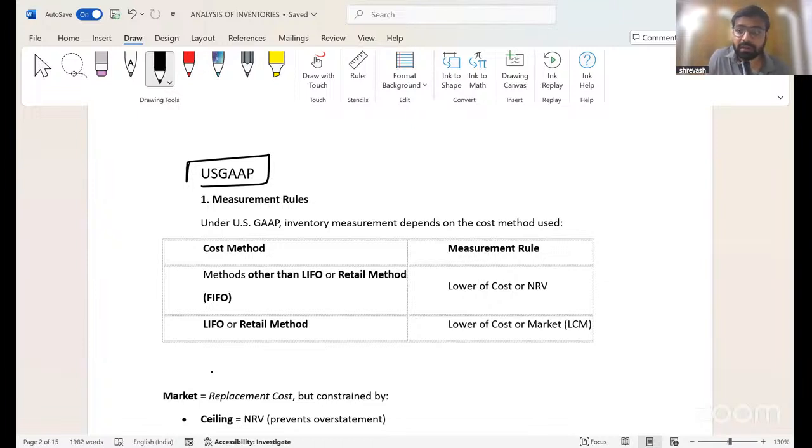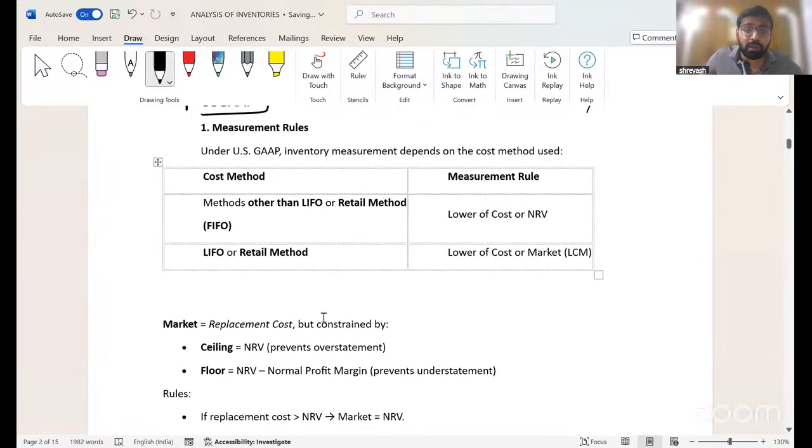First things first, there are different inventory methods that are there. I hope you guys remember there is FIFO, there is LIFO, there is weighted average, and there is retail sales method. Under US GAAP, inventory measurement will depend upon the method that you are following.